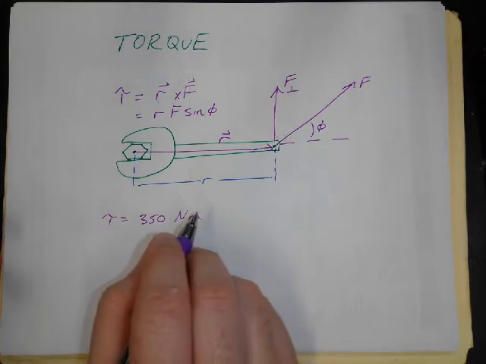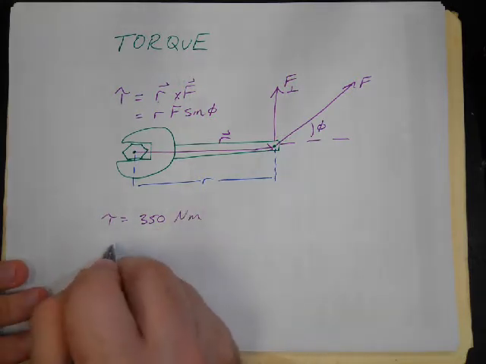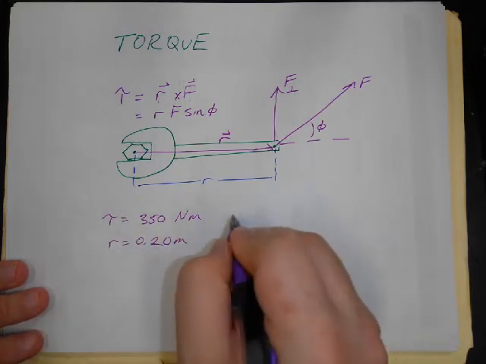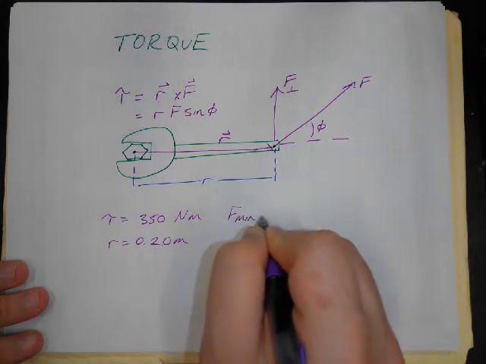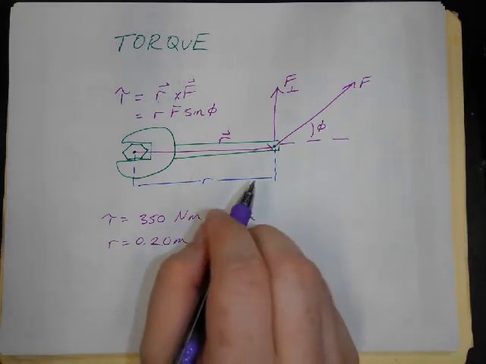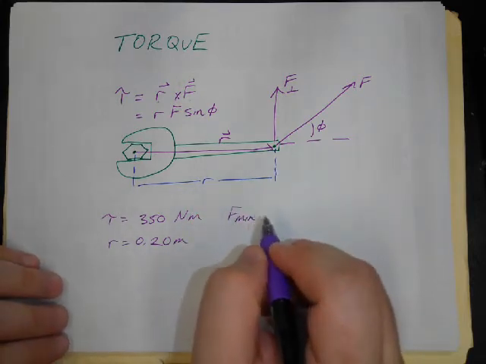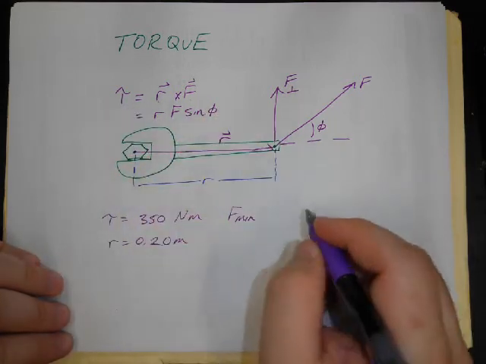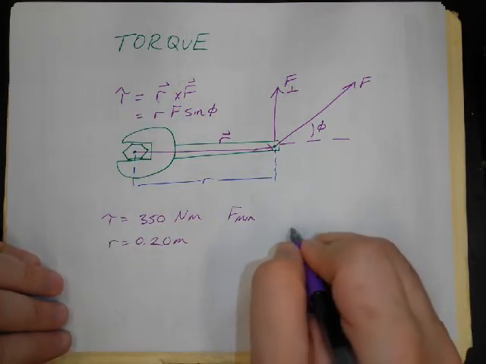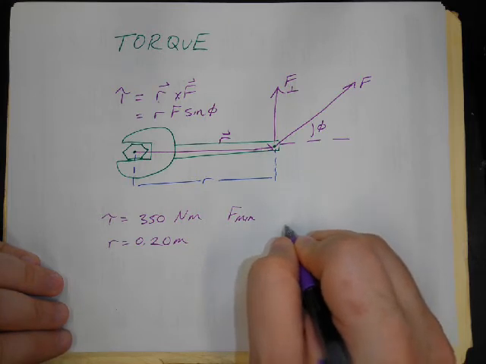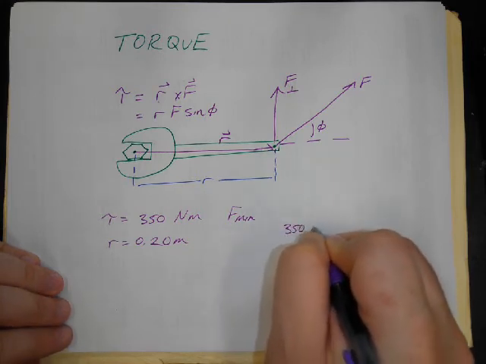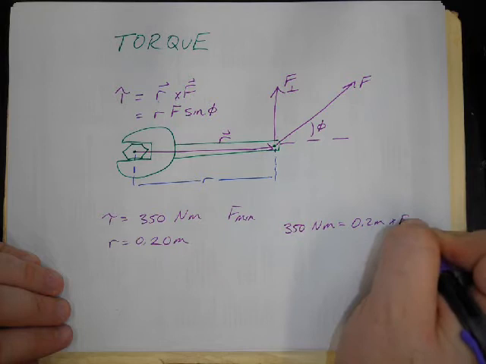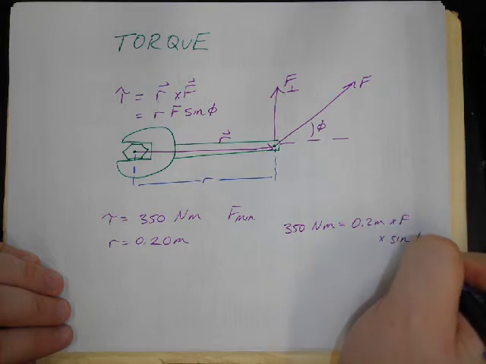It's Newton meters. So if R is 0.2 meters, then we'd like to find the minimum force that we can use to tighten or loosen this bolt. So we're trying to find this. From this formula, our torque, 350 Newton meters, is 0.2 meters times the force times sine of phi.